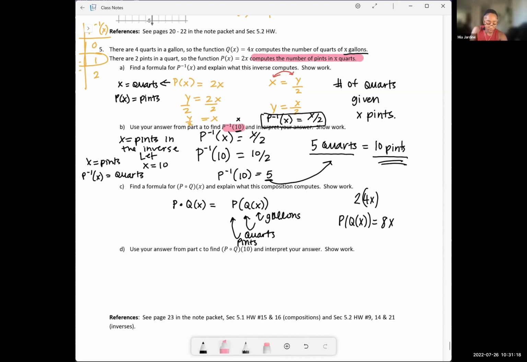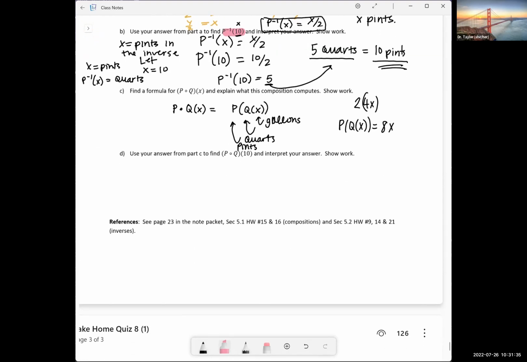Okay. So in C, are there any questions from anybody? How to do the composition? Okay. So now that we have this function, we know that P of Q of X equals 8X.